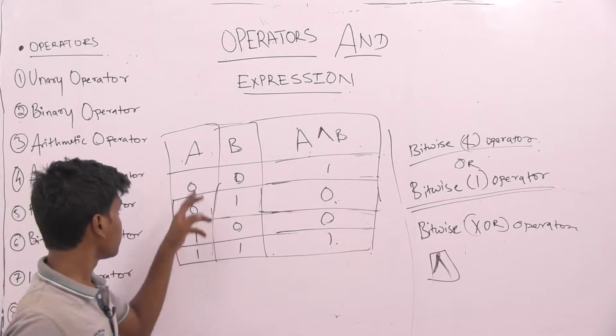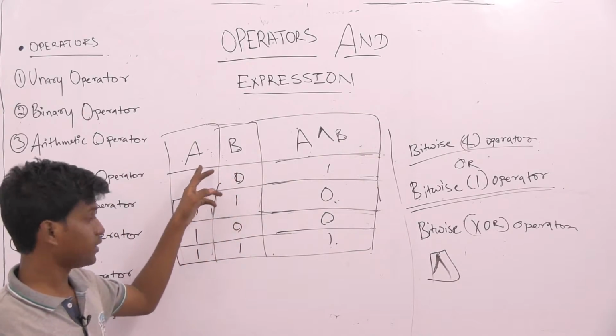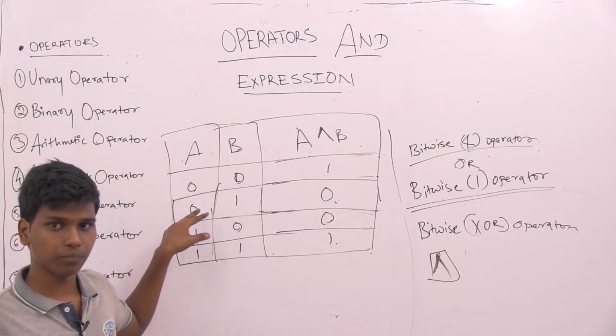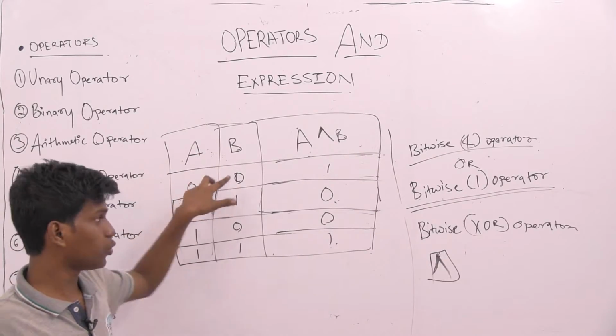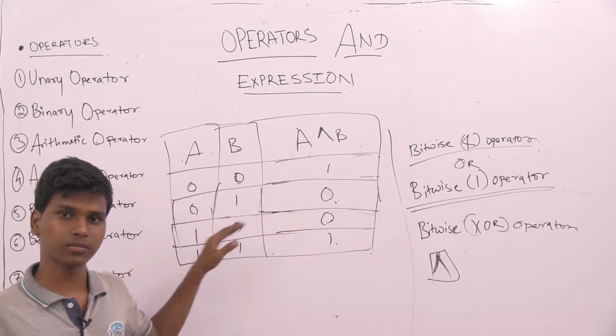The conclusion is that if the bitwise values of variables A and B are the same, then the value is 0, otherwise the value is 1.